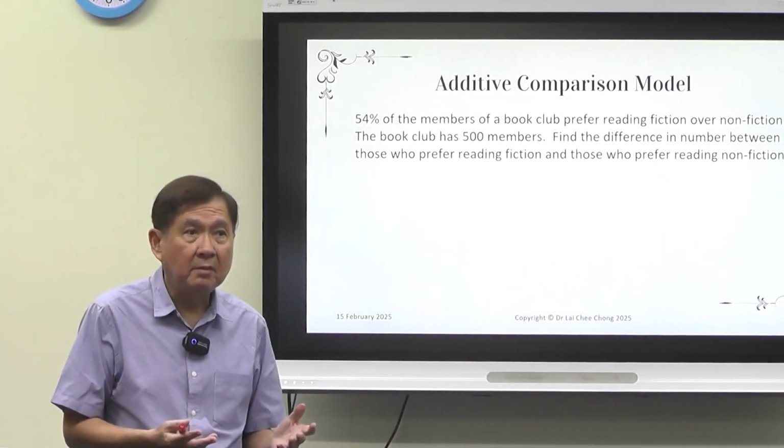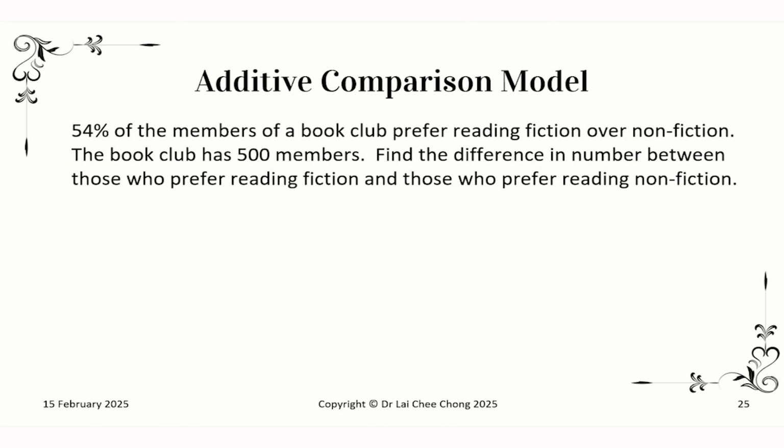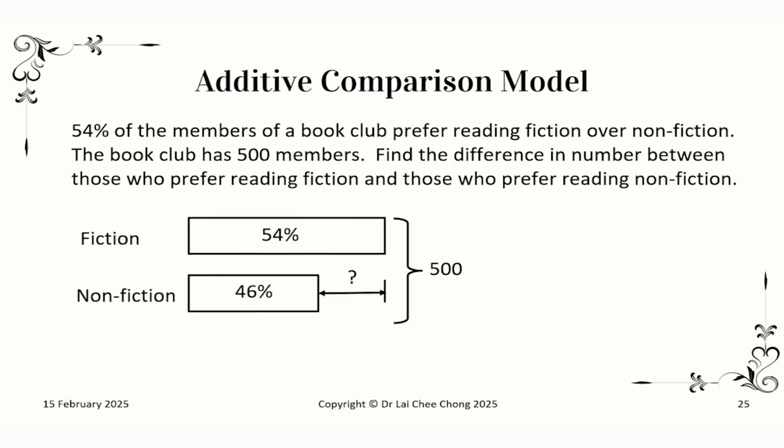So it's a comparison, am I right? You compare both types of readers. One type likes reading fiction, another type, non-fiction. So therefore, what can we do? We draw a comparison model, straightforward. The label is important. Those who prefer fiction, those who prefer non-fiction. We draw it this way here.